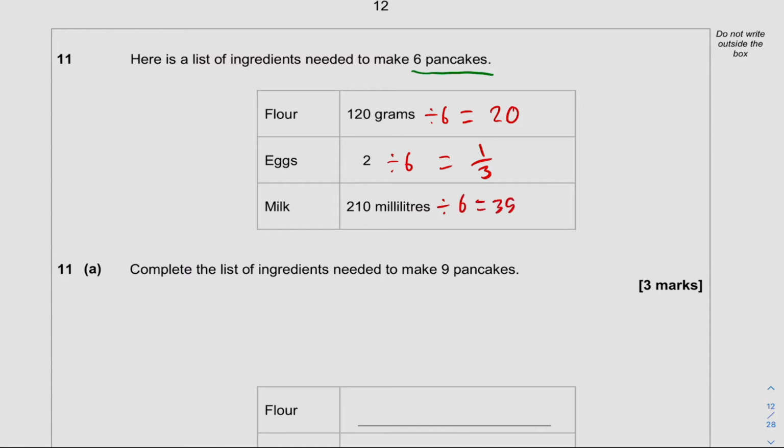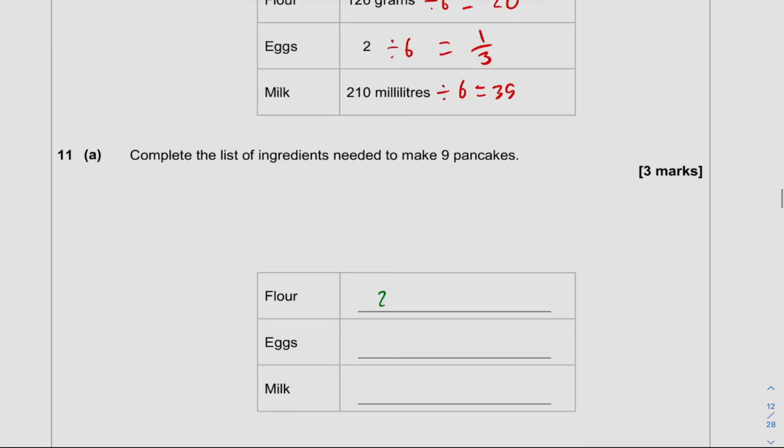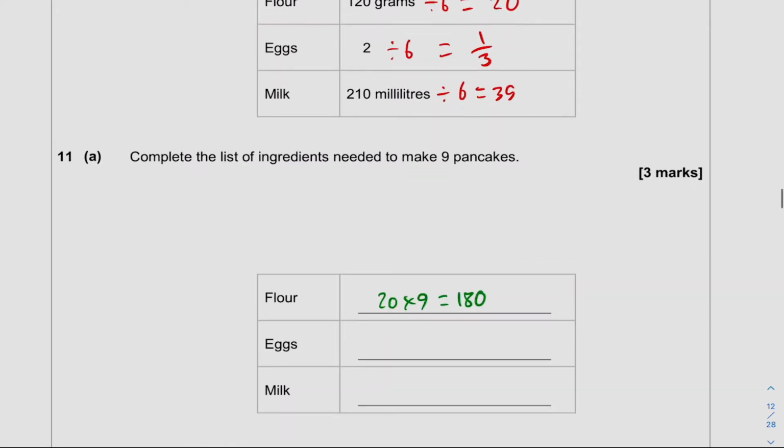Okay, so now that we've got the amount for 1 pancake here, we then multiply this by 9 to get the amount for 9 pancakes. So for the first column, which is for flour, we do 20 multiplied by 9, which is equal to 180. The second column, eggs, we do 1/3 times 9, which is equal to 3.